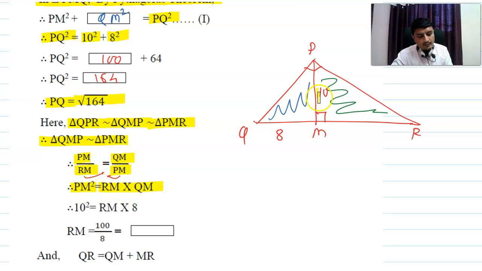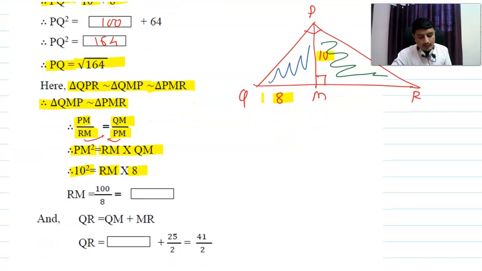The value of PM is 10, so 10 square equals RM into QM, which is 8, so into 8. So 10 square becomes 100, which equals RM into 8.